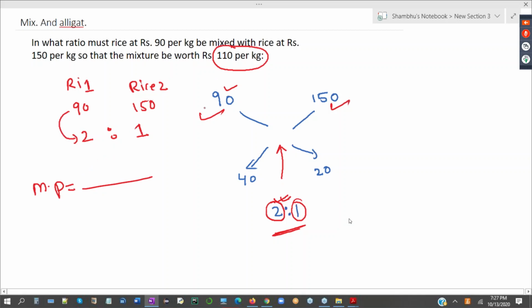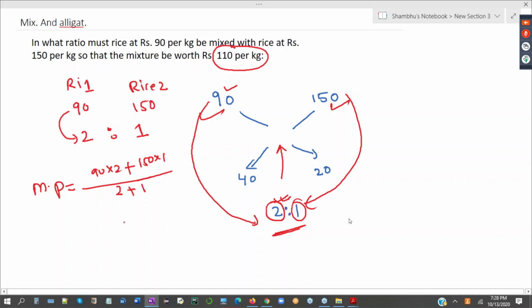First item 2 kg, 90 into 2, plus second item 1 kg, 150 into 1, divided by the total kg. Denominator: 2 kg first item, 1 kg second item, so total 3 kg.